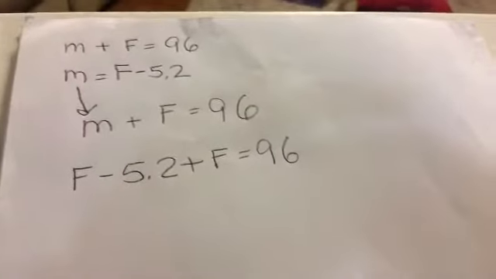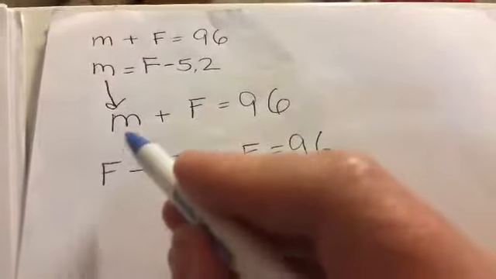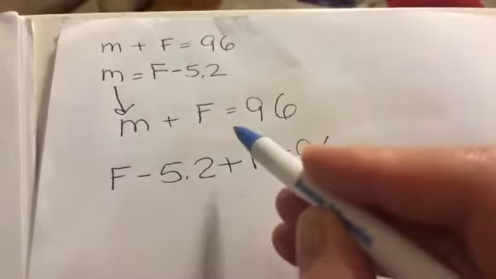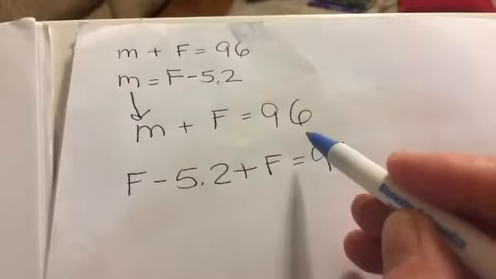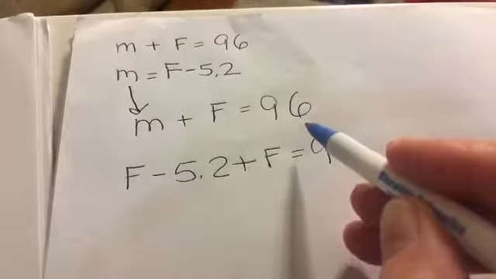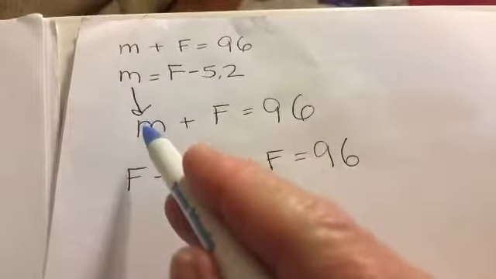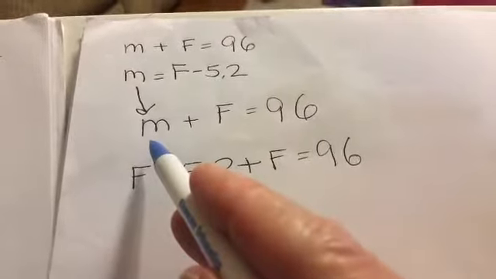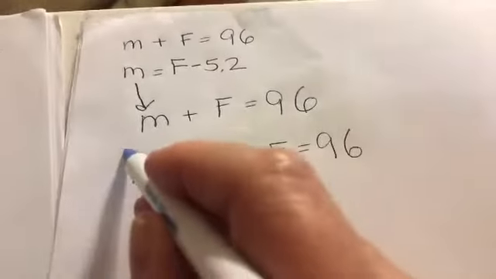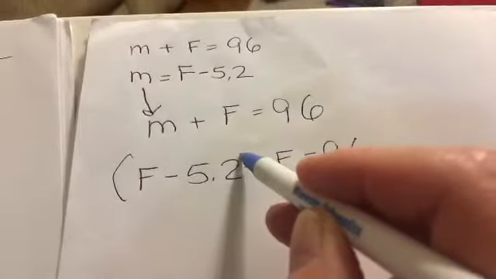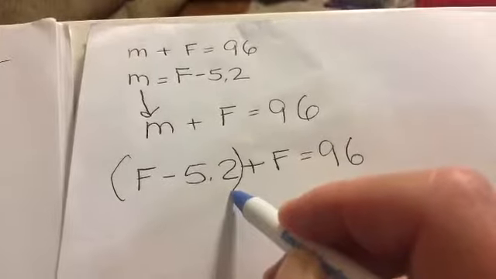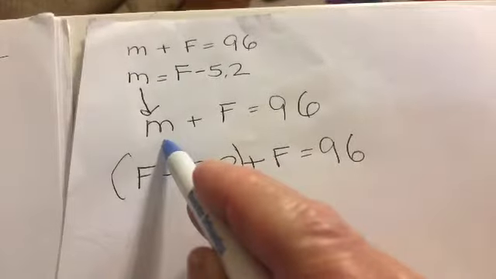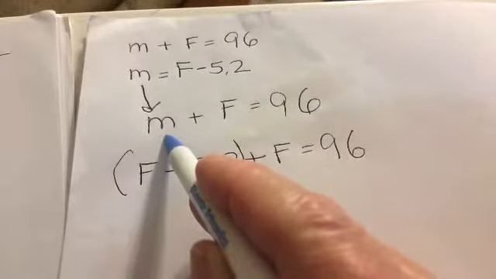So now I'm using this equation, MySpace plus Facebook is 96 billion, and I'm going to substitute the MySpace from the second equation into this one, which means that F minus 5.2 is going to be substituted in where the M was originally for MySpace.